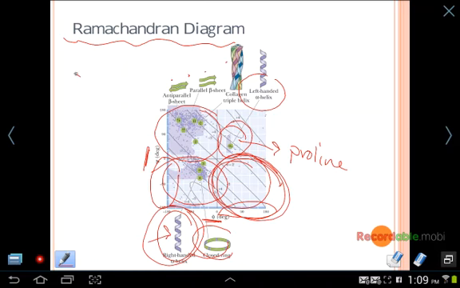Now, amino acids such as glycine or proline have a little more flexibility. Glycine, because its R group is just a hydrogen, has less steric interference with the different phi and psi angles. And proline has the alpha amine as part of the R group, covalently bonded to the R group. The cyclic side chain of proline limits its phi range to angles around -60, making it the most conformationally restricted, which is why it only exists in this quadrant.